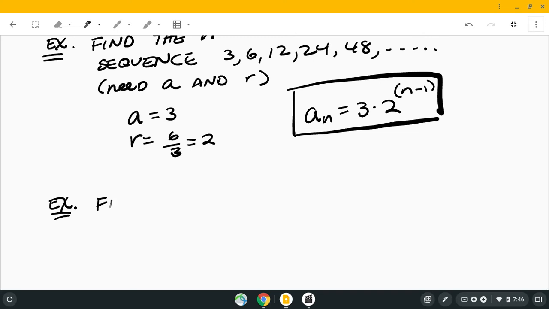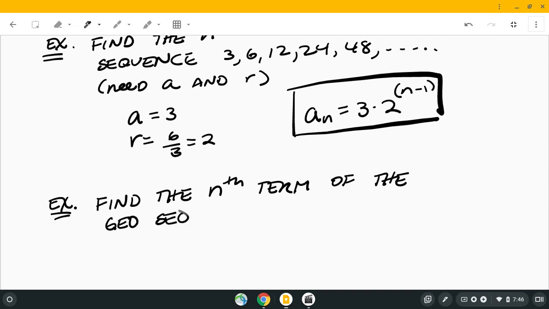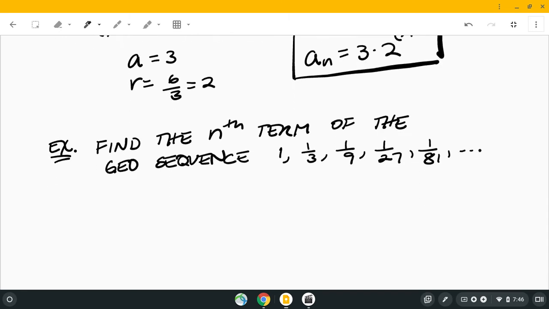Find the nth term of the geometric sequence 1, 1/3, 1/9, 1/27, 1/81. All right, so again, we need A. A is 1.